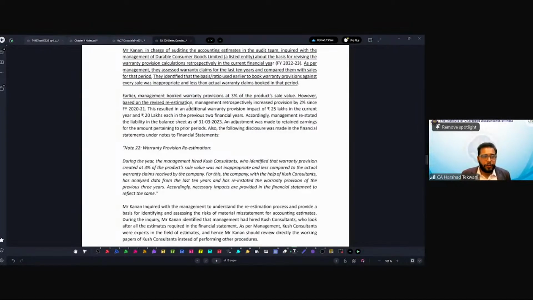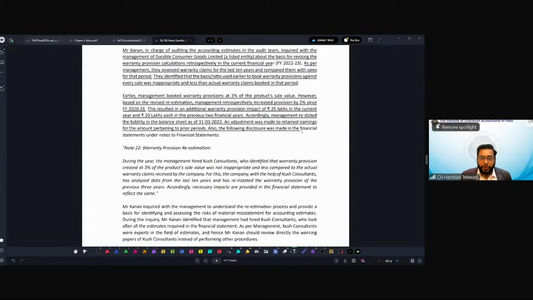However, based on the revised estimation, management retrospectively increased the provision by 2% since FY 2021. This resulted in an additional warranty provision impact of 25 lakhs in the current year and 20 lakhs in each of the previous 2 financial years. Accordingly, the management restated the liability in the balance sheet as on 31st March 2023.